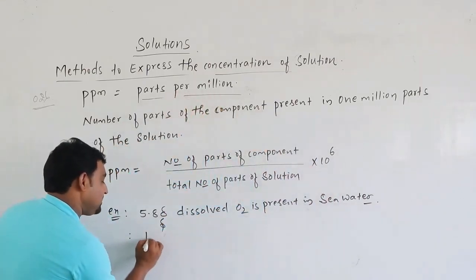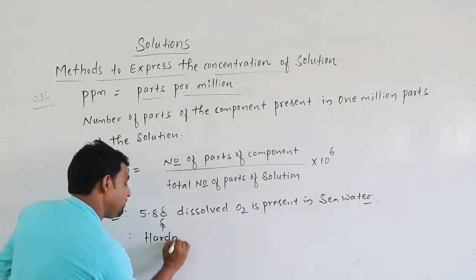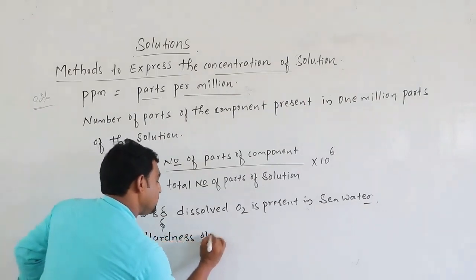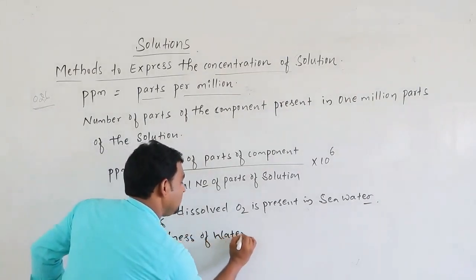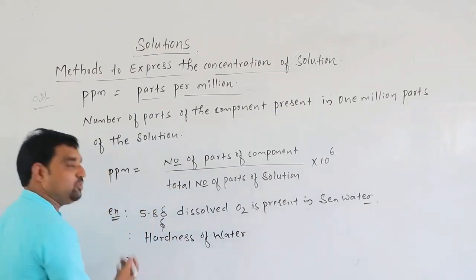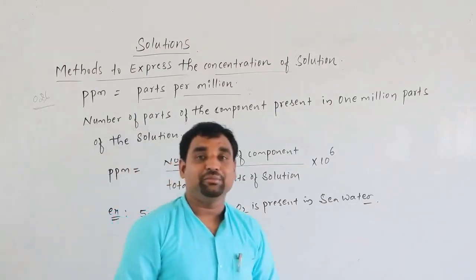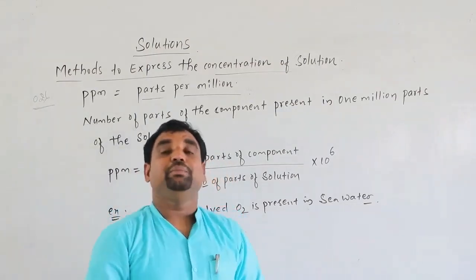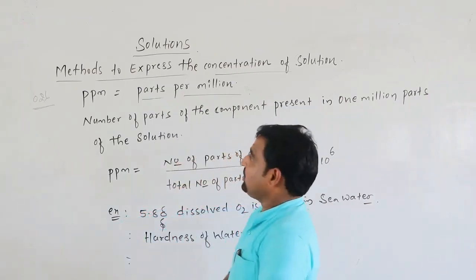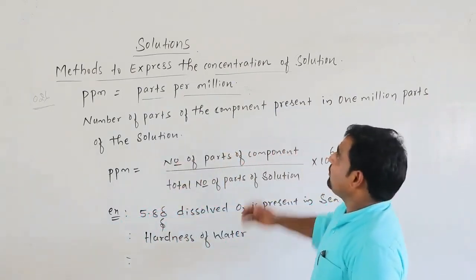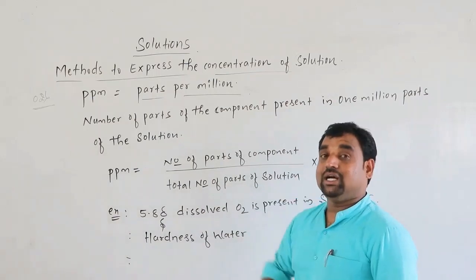You can express the hardness of water also, and one more example, decay of tooth can be expressed in terms of ppm. This is one more physical method to express the concentration of the solute present in the solvent.